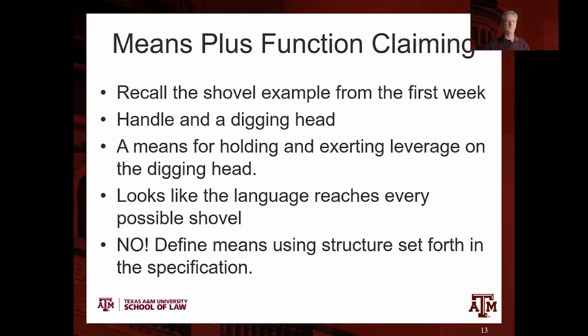But you should be aware of that. And sometimes that can be used in particular situations. When you have a number of different ways of accomplishing a given function, you can describe them all in your specification, and then have a claim that just says a means for accomplishing that function, and it would encompass all those different possibilities. Just a different form of claims language, but I want you to be aware of it.